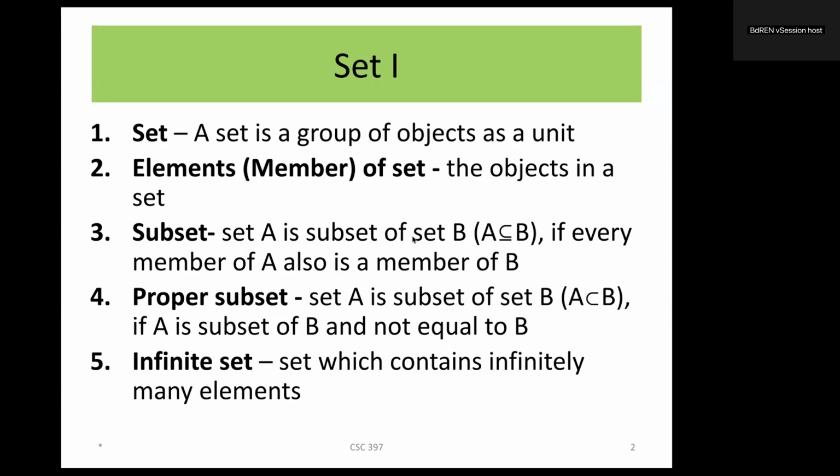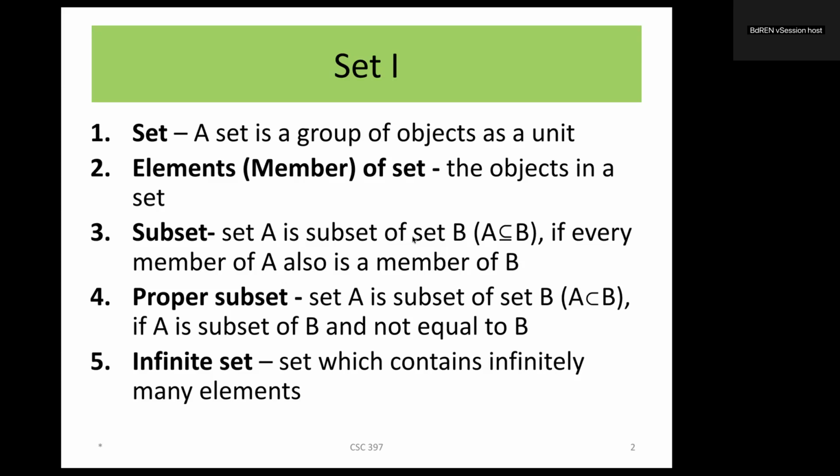So this basically includes the possibility that the two sets are identical. Let's say B set has 1, 2, 3, and A set has 1, 2, so we can call A a subset.